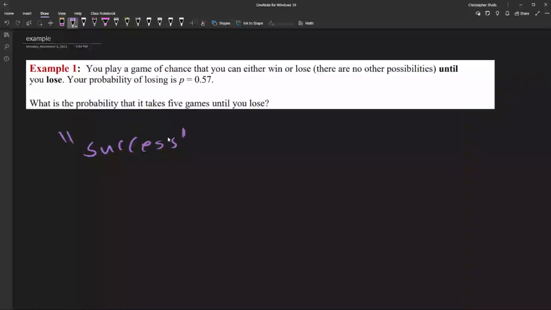In a problem like this, it can become very easy to get confused, I think. Our success here is actually losing the game. We want to keep playing until we lose and then stop. So, in other words, we're going to keep failing until we succeed here. This means that our failure is winning.